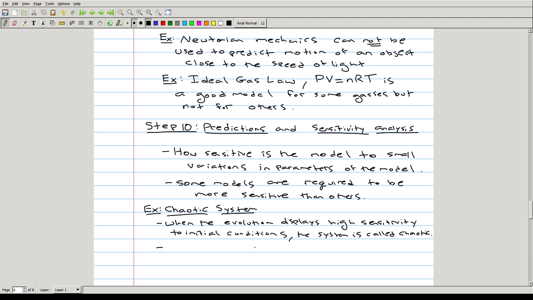And for such systems, it's only possible to make short-time predictions.